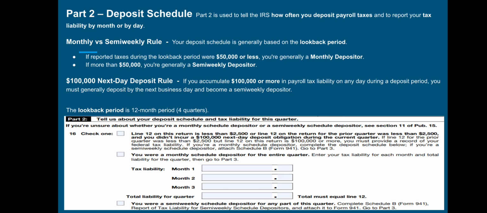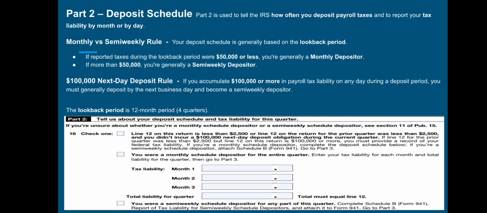If reported taxes during the look back period were $50,000 or less, you are generally a monthly depositor. For example, the look back period refers to the previous four quarters, so if in 4 quarters $50,000 or less in taxes have been paid, then you have to make the 941 payment on a monthly basis.